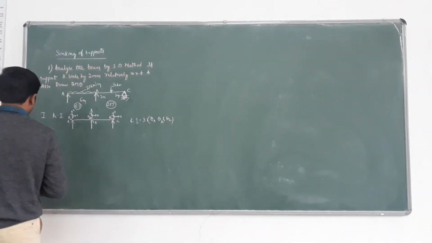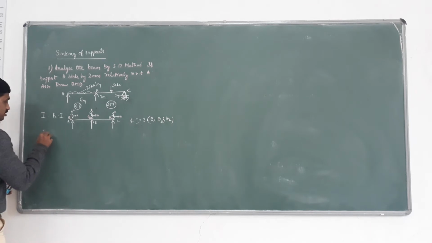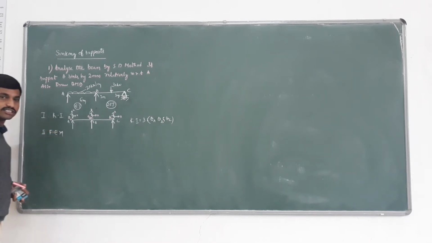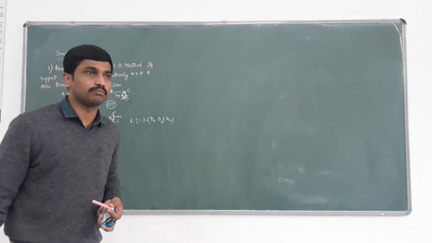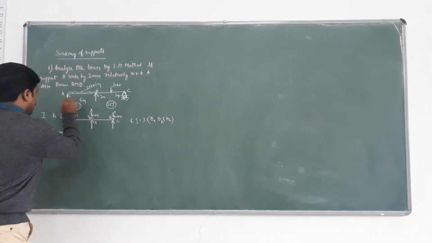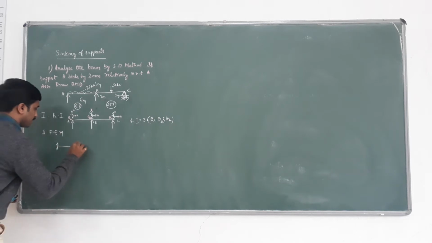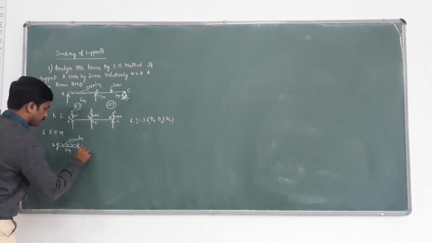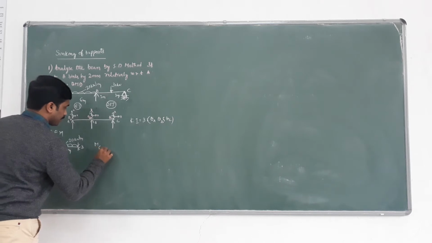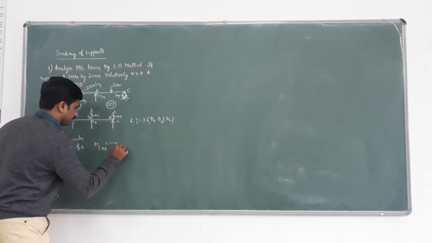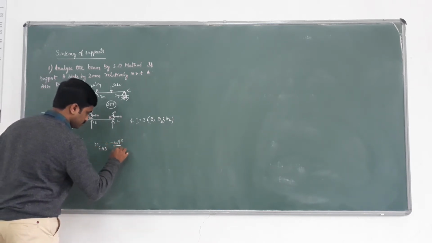So what is the second step? The second step is FEM, fixed end moments. Here I am assuming AB as fixed, with 20 kN per meter. MFAB equals minus WL square by 12.